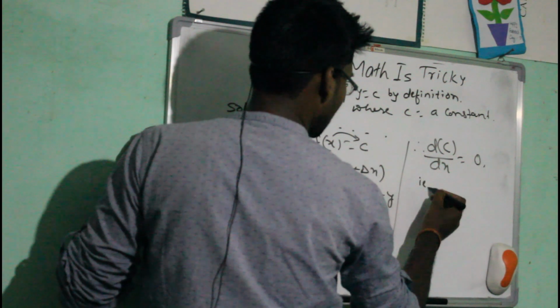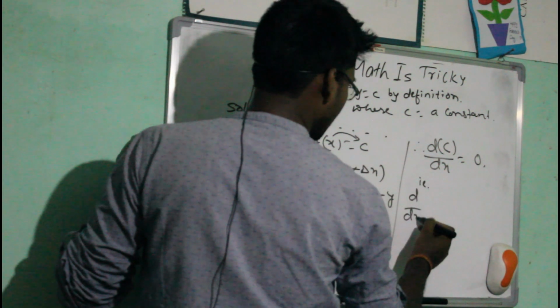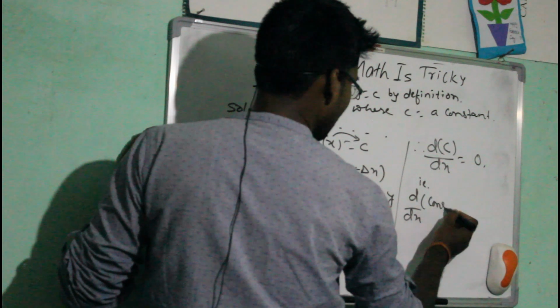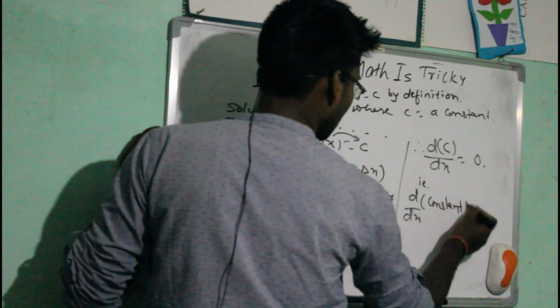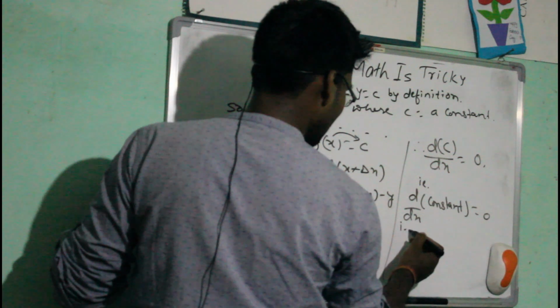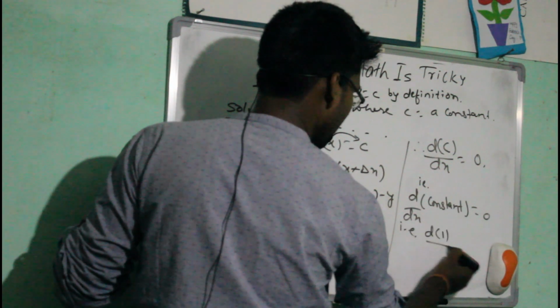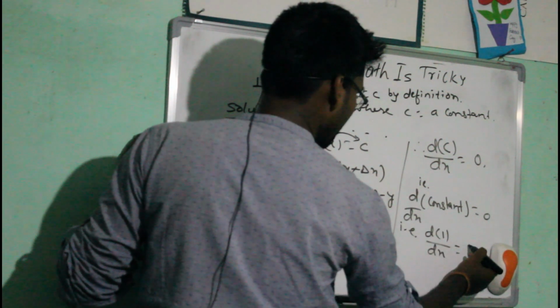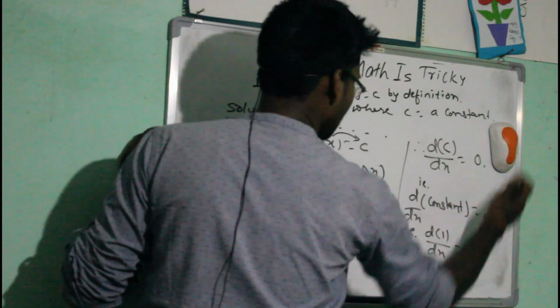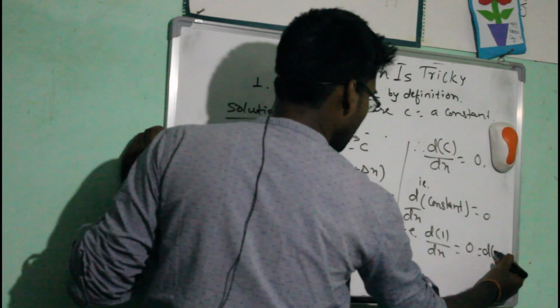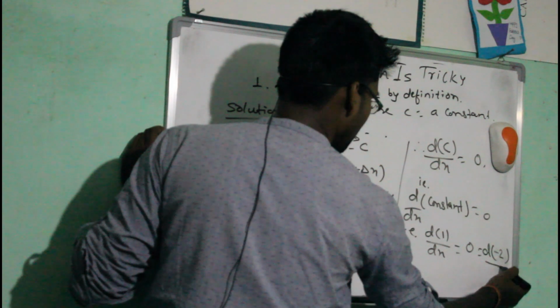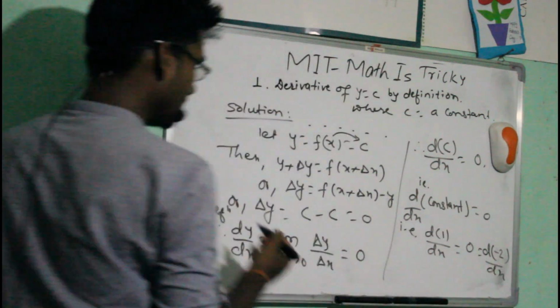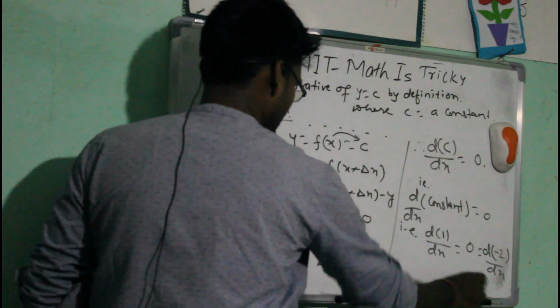That is, the derivative of a constant is always 0. The derivative of 1 is 0, the derivative of minus 2 is 0, or whatever the constant is, the derivative of a constant is always 0. This is your answer.